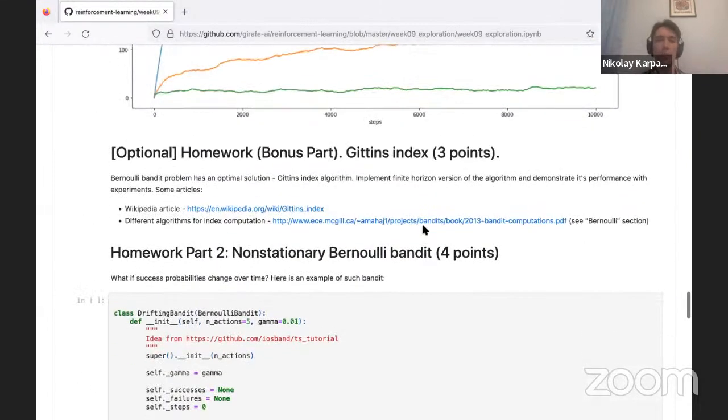And you would get 3 points as the bonus if you want to account for other homeworks, or if you just want to implement something else and learn about the Gittins index. So that's it. I believe that's all from my part.